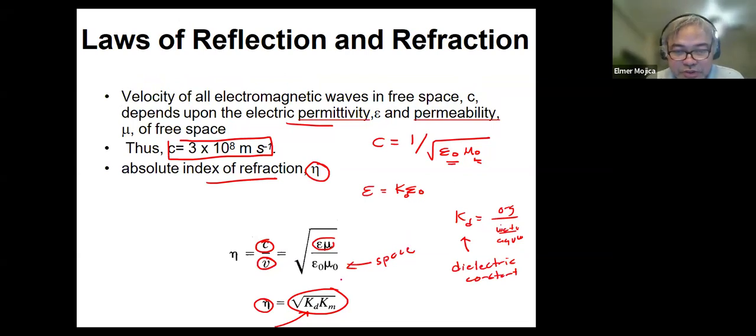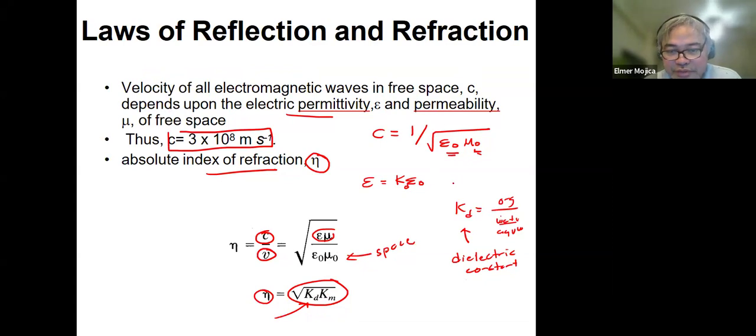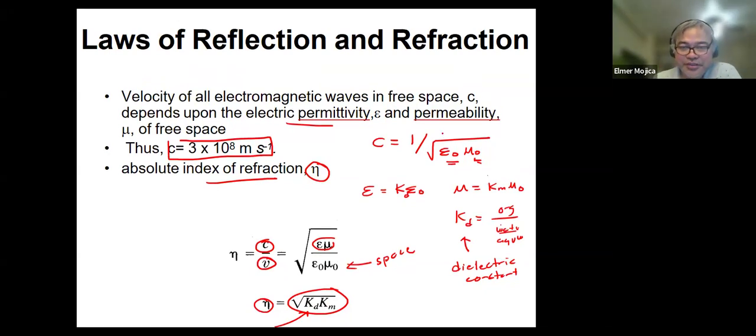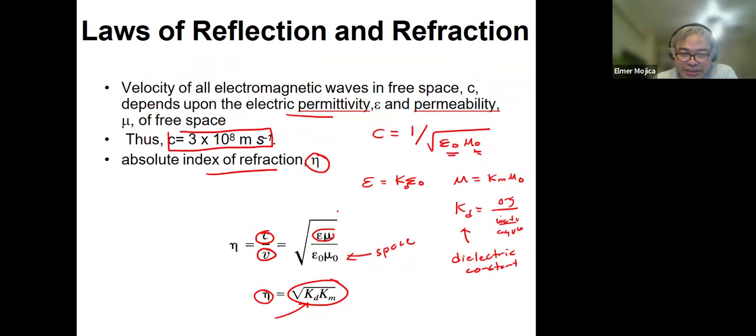And we can also put here, in terms of M, the permeability equals Km times the permeability of what we call free space. So from this expression, we just simplify it to this one.